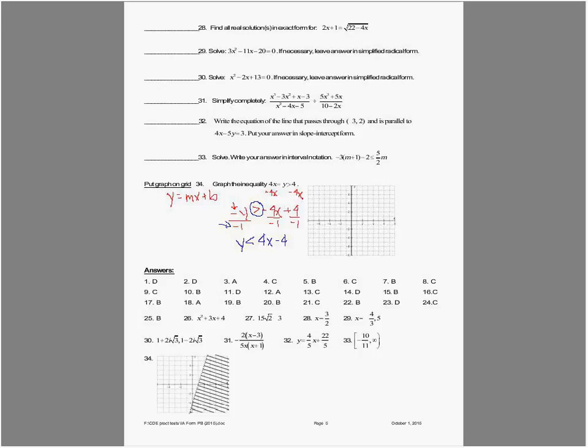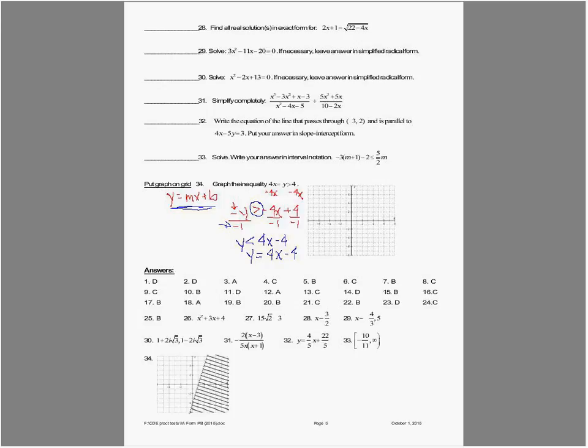Okay, now we're in this y equals mx plus b format. We're going to ignore the inequality symbol for a second, and we're going to graph the line y equals 4x minus 4. But because our inequality sign does not contain an equals, we're going to make it a dashed line.